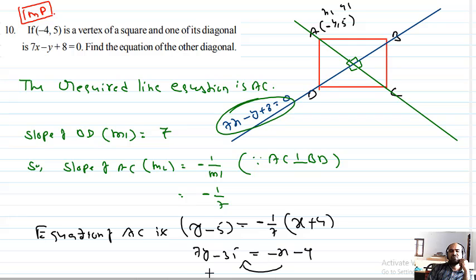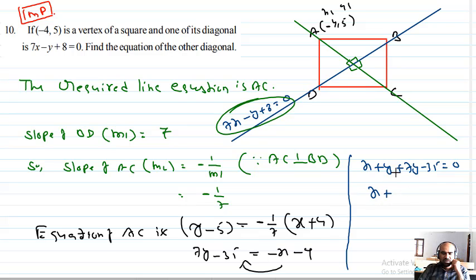Transfer to left hand side. So what we will get, I will write here: x plus 7y plus 4 minus 35, that is minus 31, equal to 0. This is the equation of the diagonal AC.